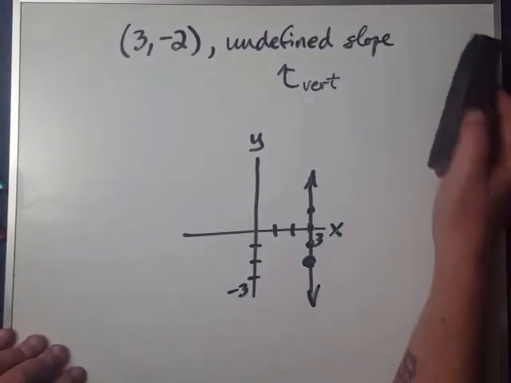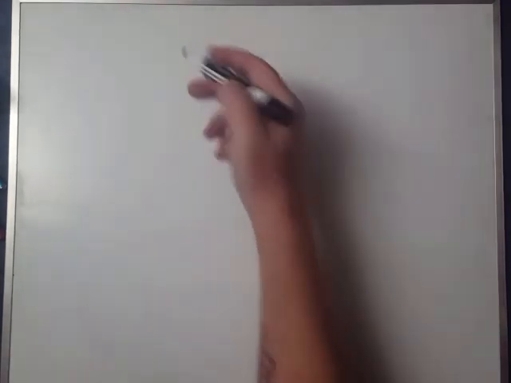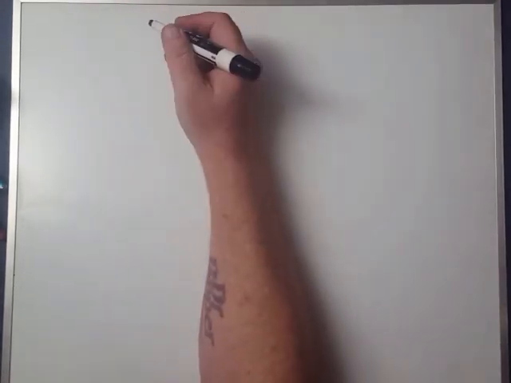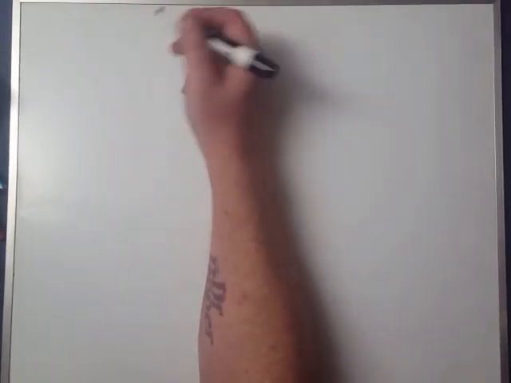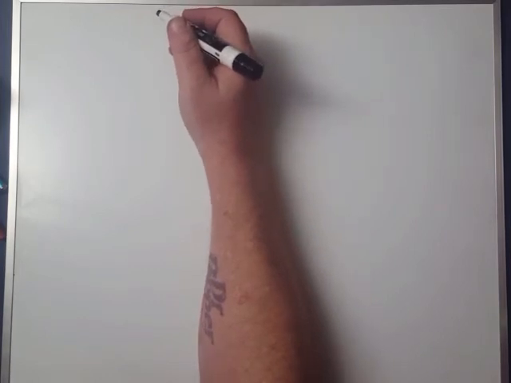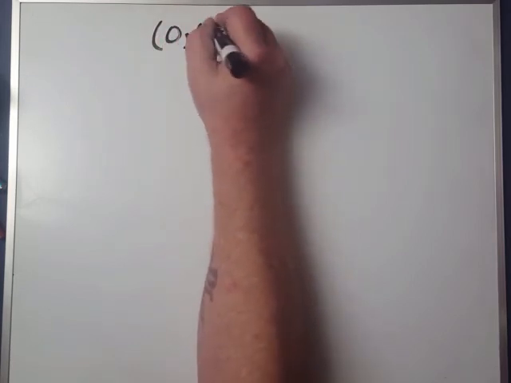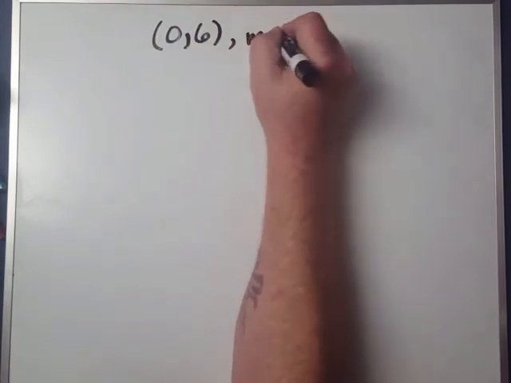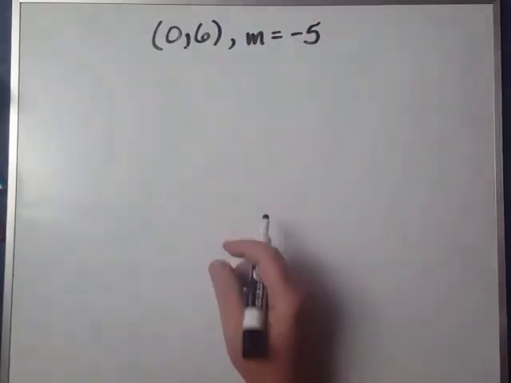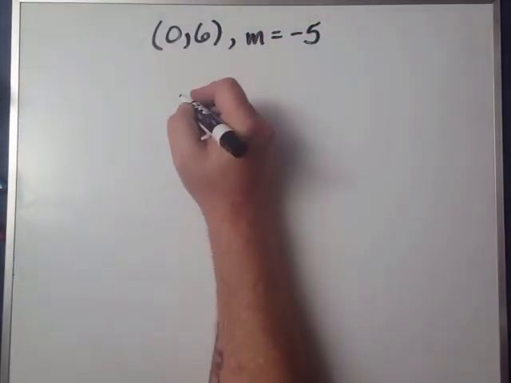All right, number 42. In number 42, she says, write an equation in slope-intercept form, if possible, of the line passing through the given point and having the given slope. Well, guess what, guys?